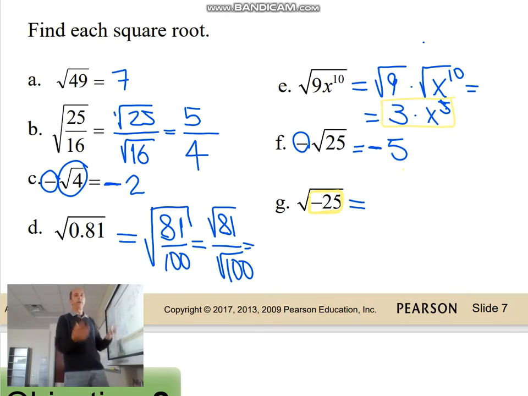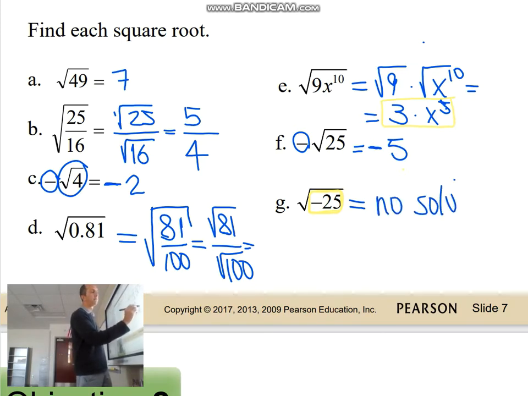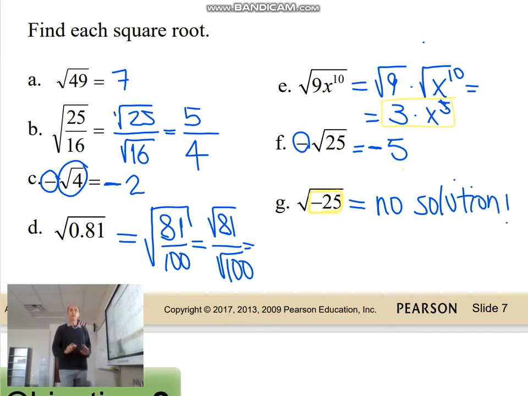Like 5 times 5 is 25. Negative 5 times negative 5 is positive 25. So we will not have a square root of a negative number. So we have no solution here. No solution as a real number. Not a real number.